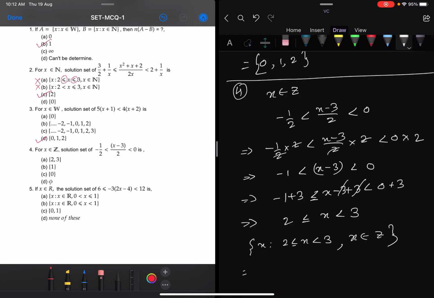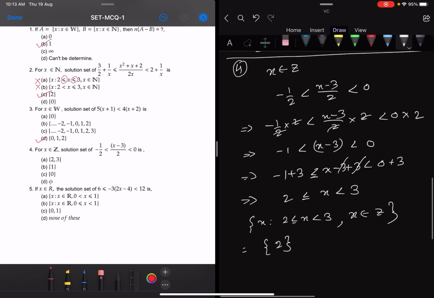That means the solution set is only 2, because 2 is the integer and there is no integer between 2 and 3 for this condition, 2 less or equals to x less than 3. So 2 is the answer.